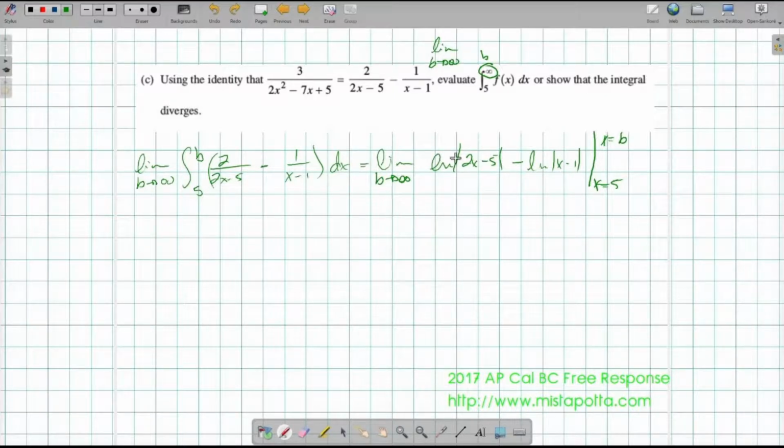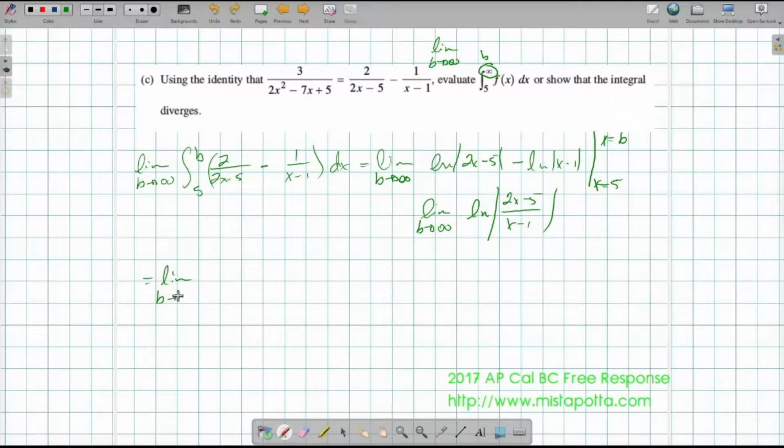Now, this is a natural log difference, so I can combine this into a single natural log. So I'm looking for, again, the limit as b increases without bound of the natural log of 2x minus 5 over x minus 1. And I'm going to do this for x equals b.